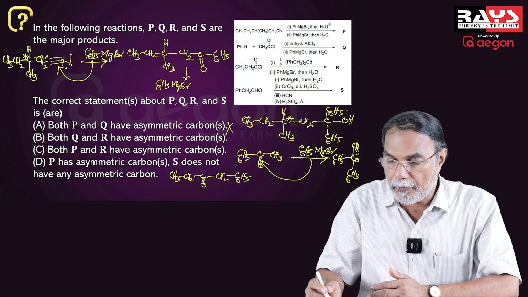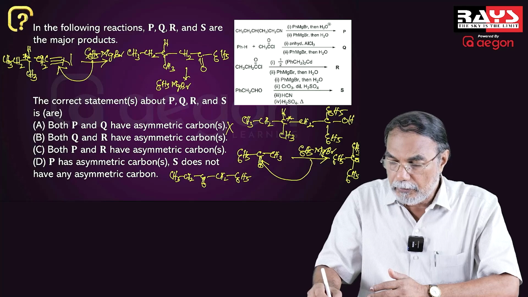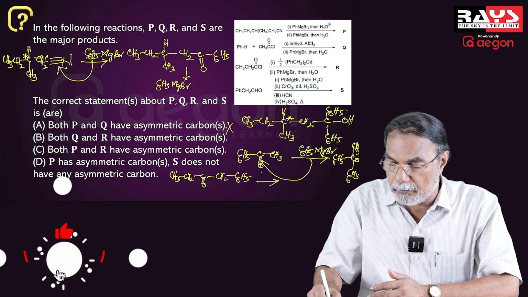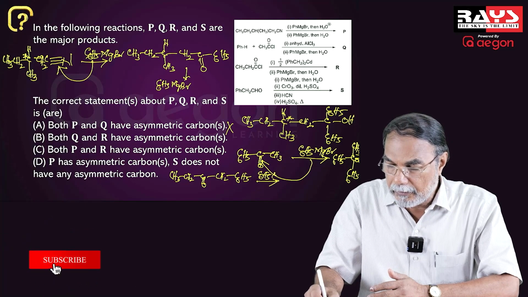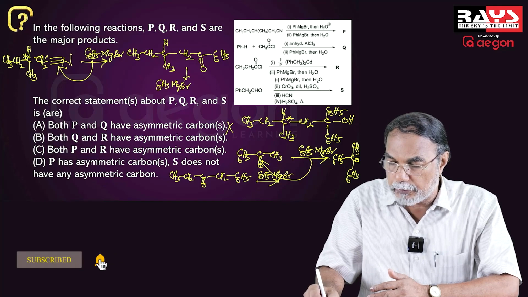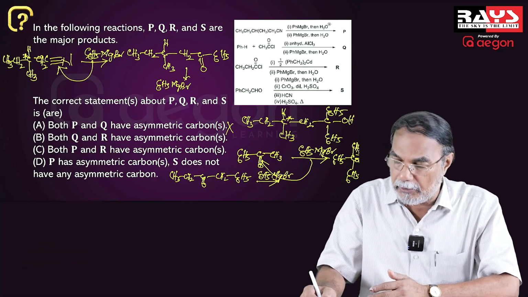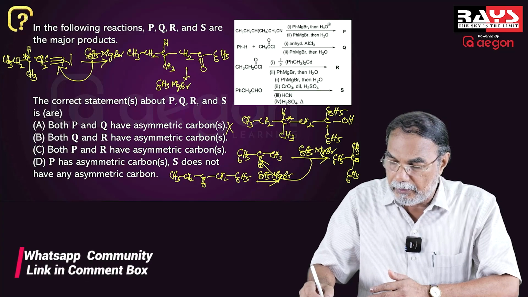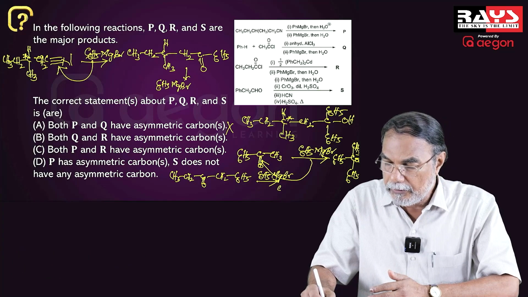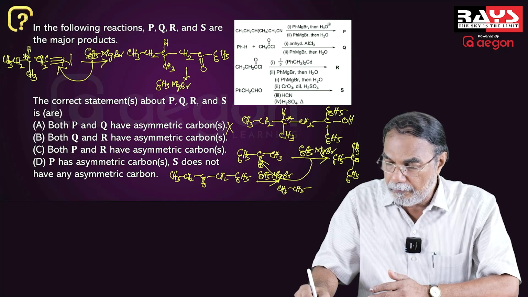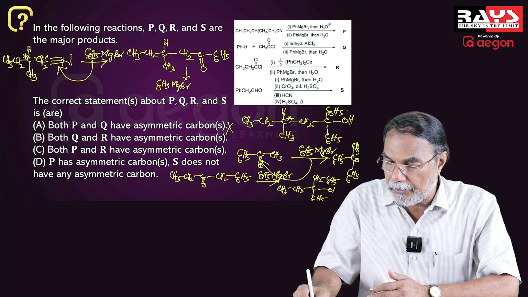That's a ketone. Okay? And now this ketone on reaction with phenyl magnesium bromide, again a Grignard addition to the carbonyl group, followed by hydrolysis, you will be getting a tertiary alcohol with the formula CH3, CH2, C, already here CH2, C6H5, and here you have C6H5, OH.